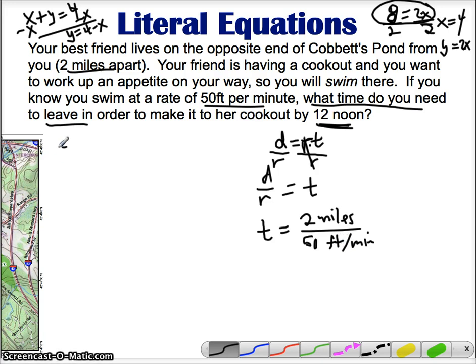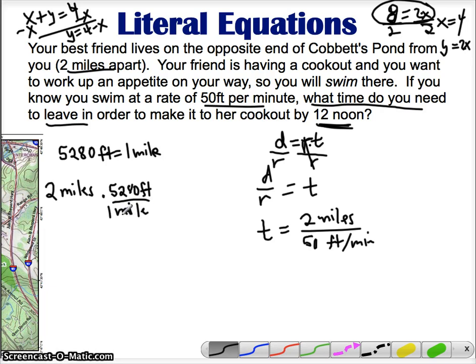We know, well maybe you know, but you should, there are 5,280 feet in 1 mile. So if we have 2 miles, we multiply that by 5,280 feet per 1 mile, right?